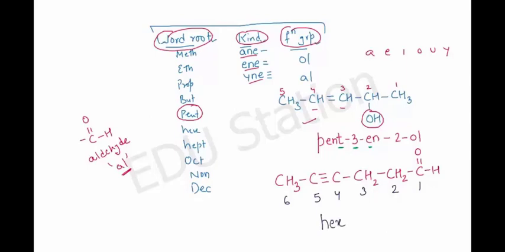Hex, kind, you have triple bond, so it is ine between 4 and 5, so you'll write 4, hex 4, ine, E will get cancelled out with A, 1, al. Now if you look at these three things are in the specific order: word root, kind, functional group.